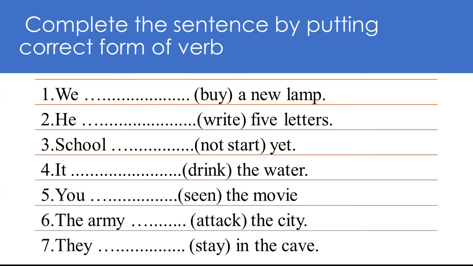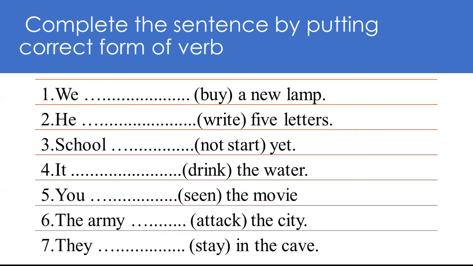You have got another exercise. Complete the sentences by putting correct form of verb. We buy a new lamp. Of course, we are talking about present perfect tense, and you are going to complete the sentences according to present perfect tense. The verb is buy.